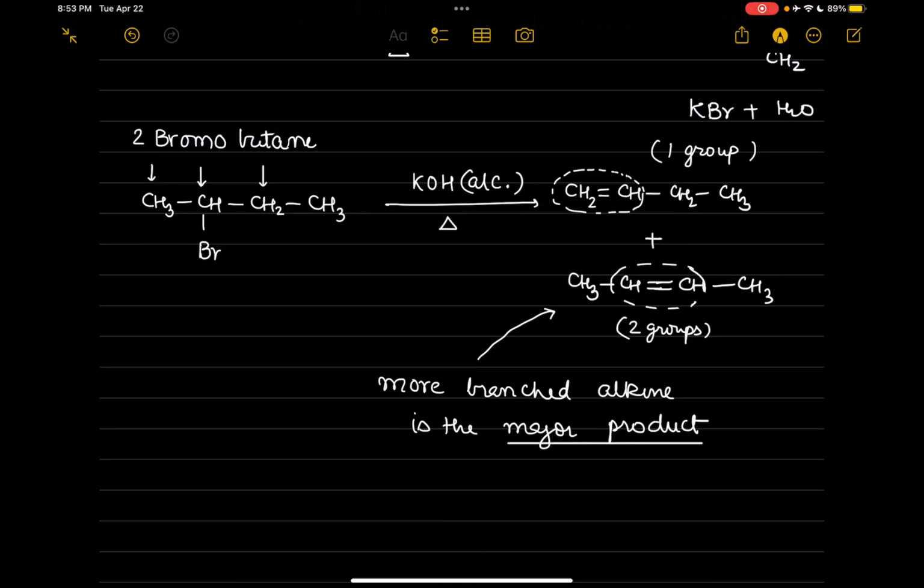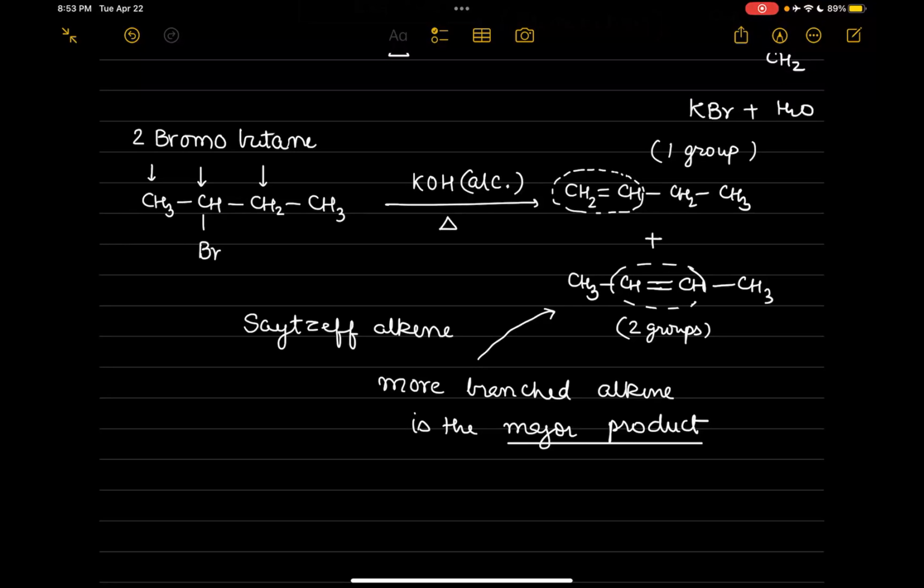And this is known as Zaitsev alkene. Is it clear or not? Zaitsev alkene is not that only the 2-butene is the Zaitsev alkene.